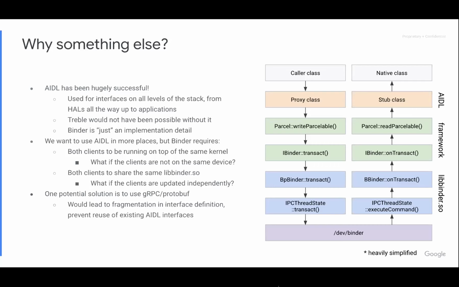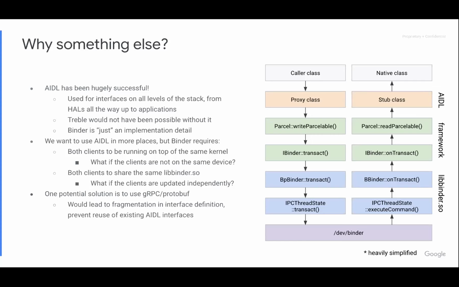It also requires that the clients are using the exact same libbinder shared library. That's because of the unstable wire format that I mentioned earlier. So that doesn't work if the two clients independently update the libbinder library that they're using. And normally that's not a problem on Android because they all open the same SO from the system.